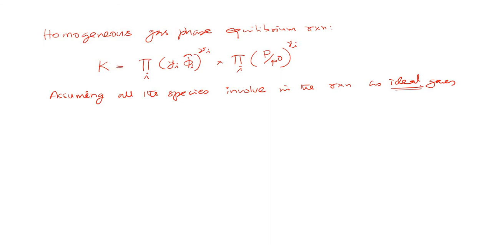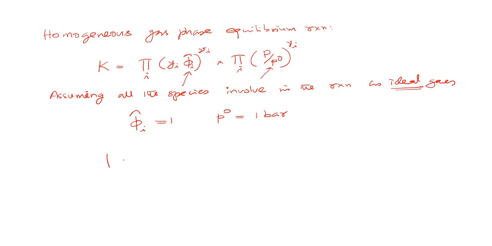For an ideal gas the fugacity coefficient of each species becomes equal to 1, and we usually keep the standard pressure as 1 bar. So I'll make this 1 and I'll make this P naught 1.